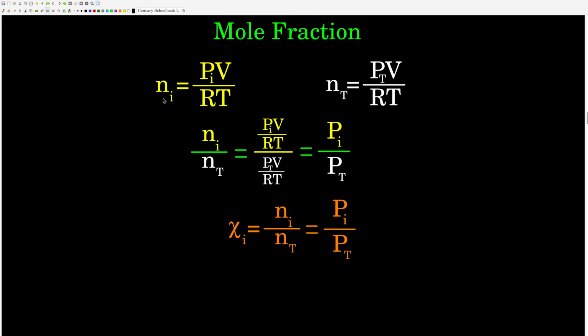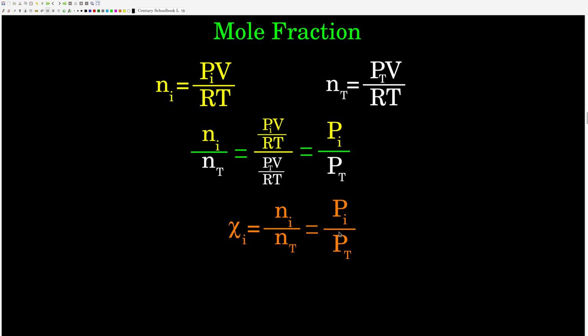Now, if we take the ratio of the number of moles, we get the mole fraction, n i over n T. But if we substitute what they're equal to in terms of the ideal gas law, P i V over RT over P T V over RT, everything in here cancels, guys, except for the pressures. And so what that tells us is that the mole fraction of gas i, which is n i over n T, is equal to the partial pressure of that gas over the total pressure. Okay, that's the useful result from this little derivation here.